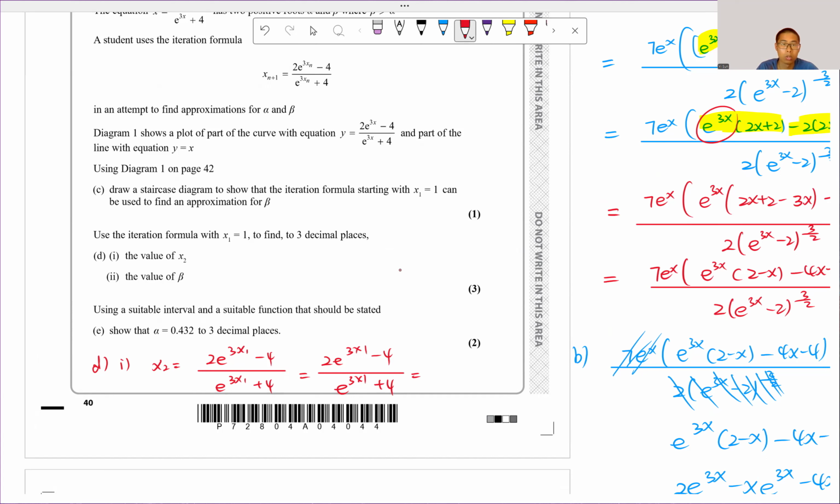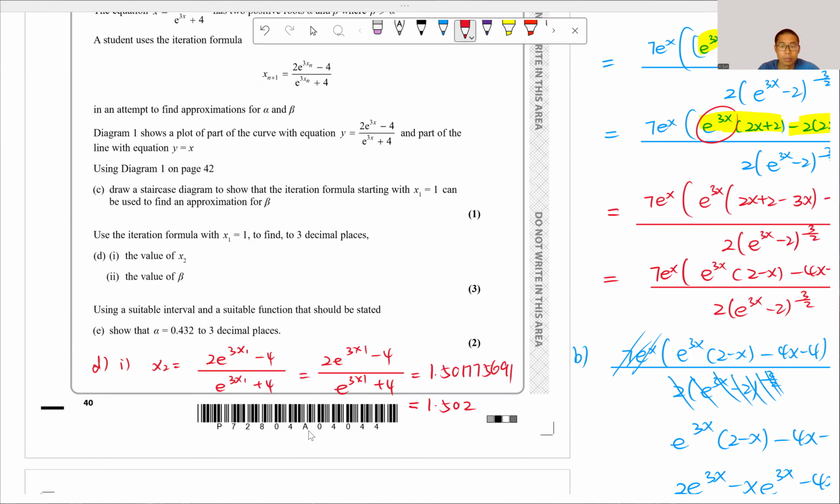So we do 2 times e to the power of 3 times answer minus 4 over e to the power 3 times answer plus 4. So that should give us 1.50177561. And if we want 3 decimal places, it should be 1.502. So that's the value of x2.